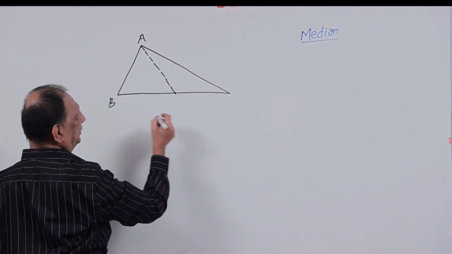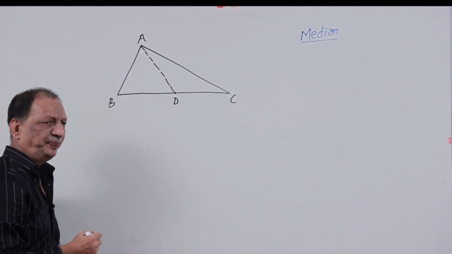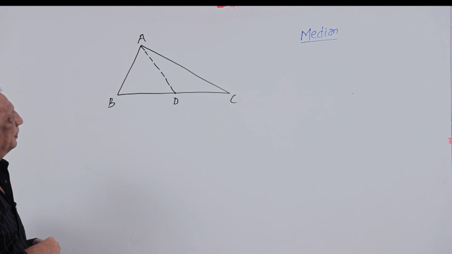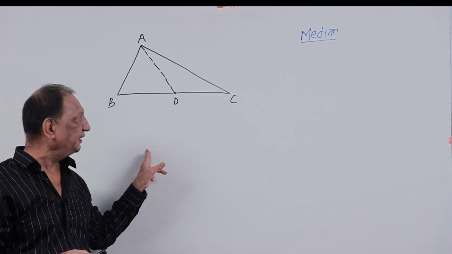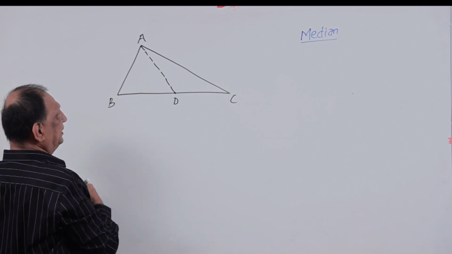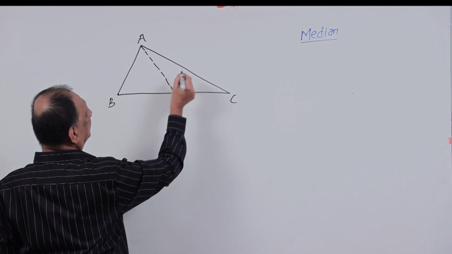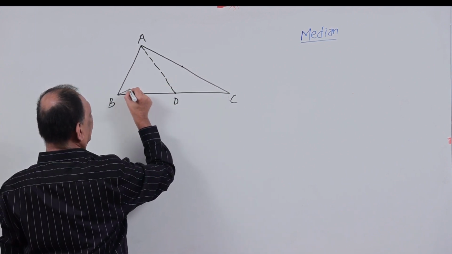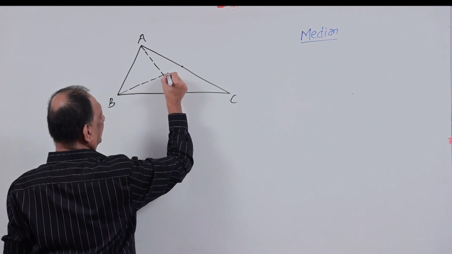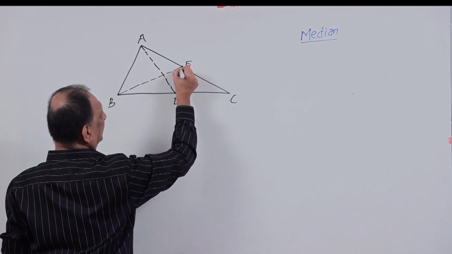So I got a triangle ABC. Midpoint of BC is the point D, and a line joining A and D is known as a median. That's a median. I can draw one more median from B, which joins B to the midpoint of AC, correct? Call it E.